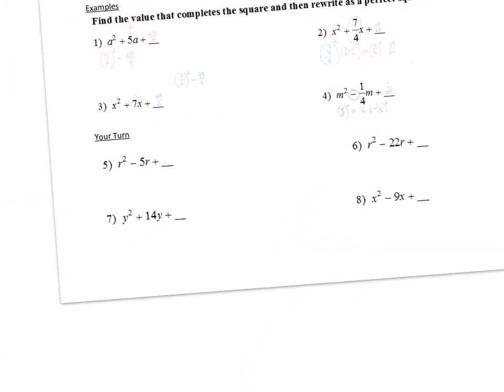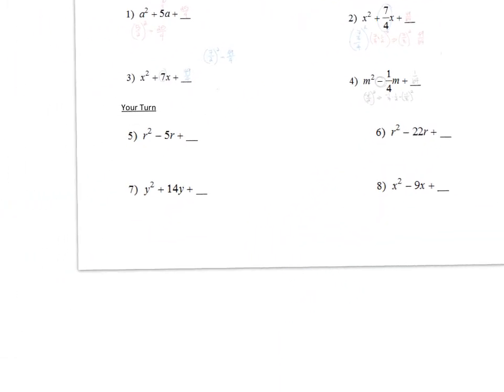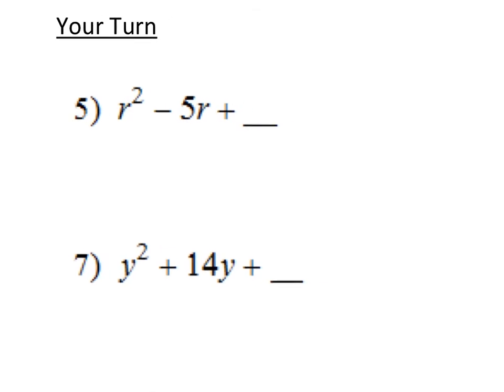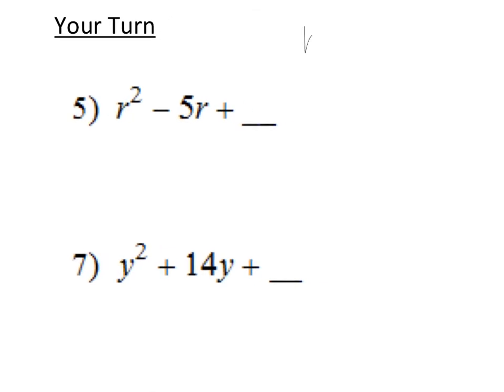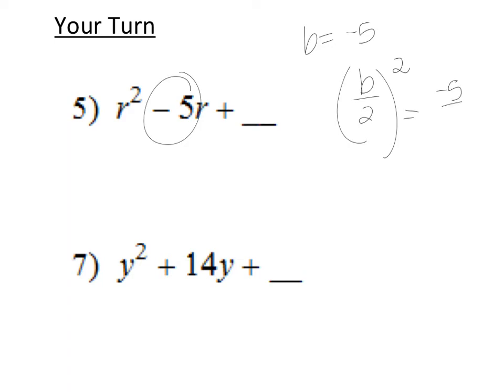All right, so let's move down to number 5. Identify my b. My b is negative 5. So plug it in to (b over 2) squared. I have (negative 5 over 2) squared.